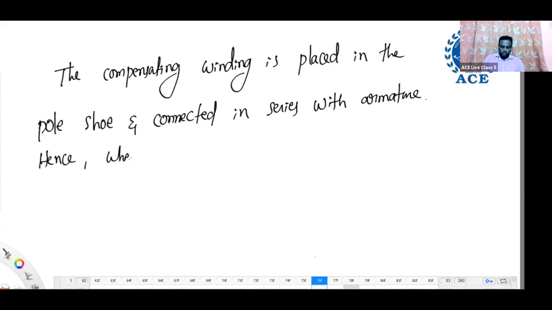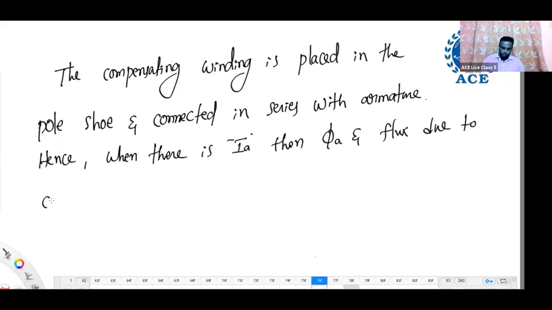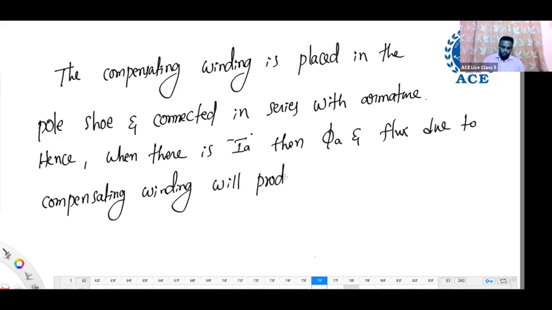Hence, when there is armature current, then armature flux and flux due to compensating winding will produce at a time in opposite direction.